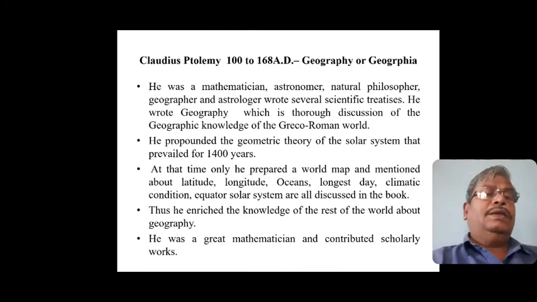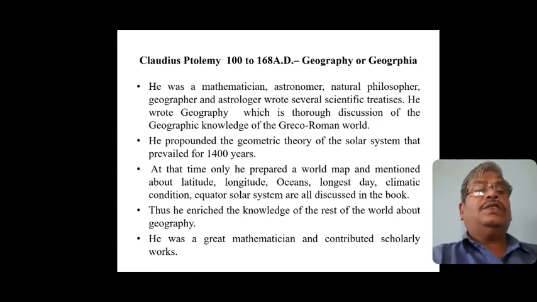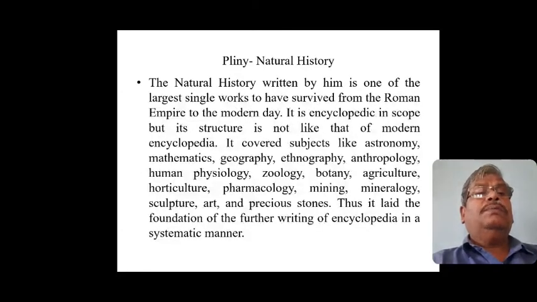All are discussed in this book, which laid the foundation for the systematic study of geography in ancient times. Thus, by this book, he enriched the knowledge of the geography of the rest of the world. He was also a great mathematician and contributed scholarly works in that subject. This is how Ptolemy helped a lot in understanding the history of the past.